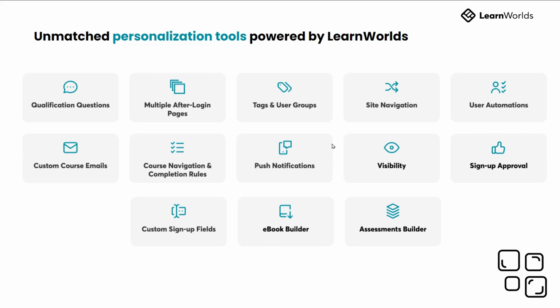Then you're also going to see multiple after login pages. So with multiple after login pages, you can set what different audiences and different segments will see after signing up into your school.